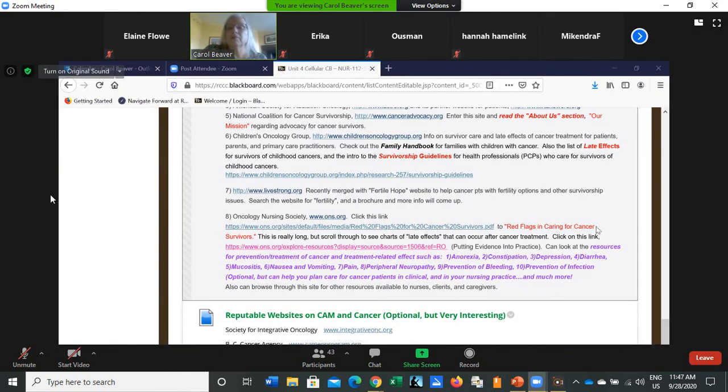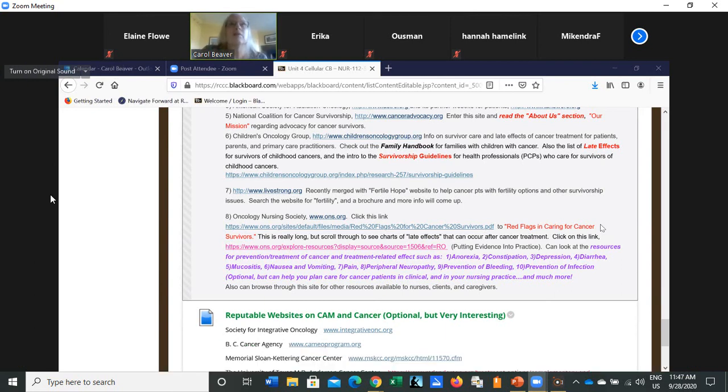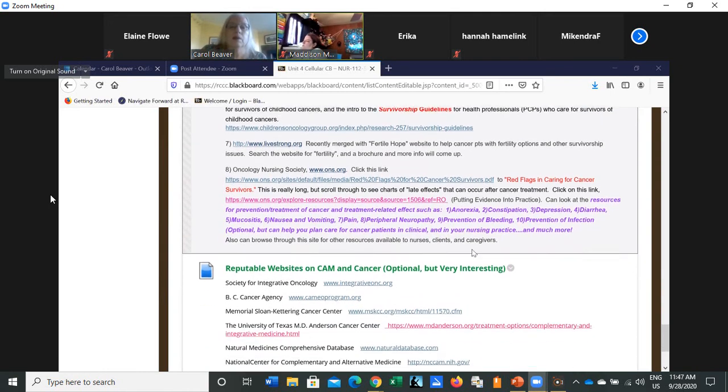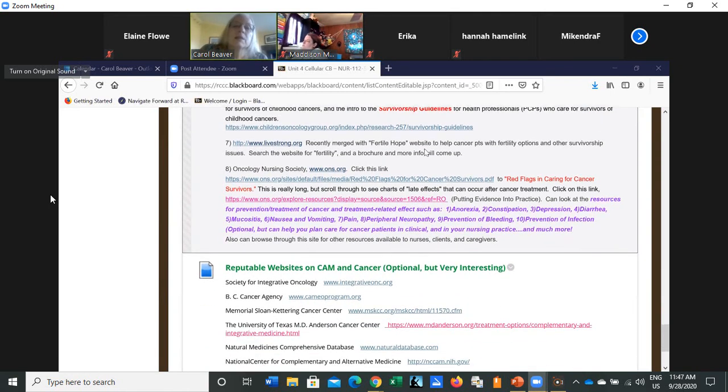If there's something wrong in a cancer survivor, because they have all this radiation and toxic chemicals in their system, it does have some long-term effects, and they're finding more and more. It's not going to absolutely be necessary, but I think you'll understand it more if you look at those things that are in the red.